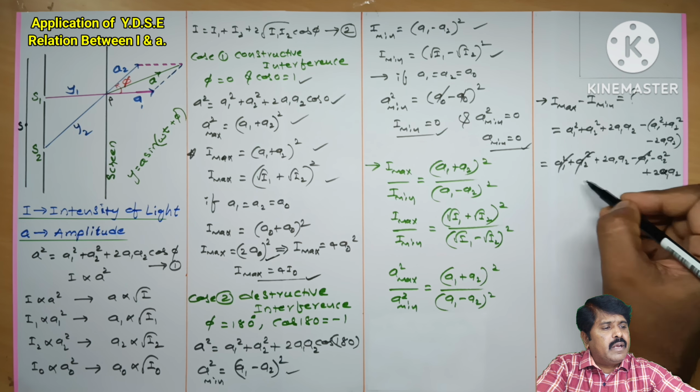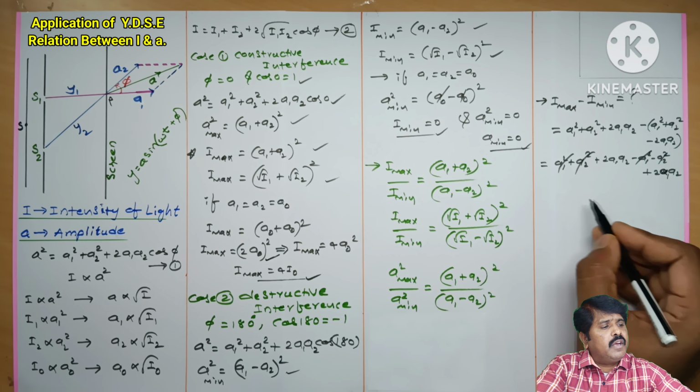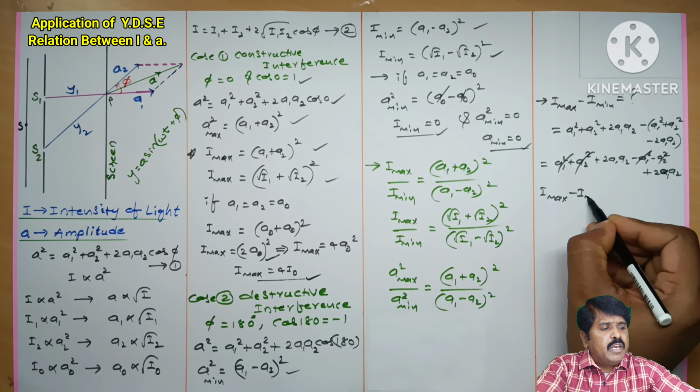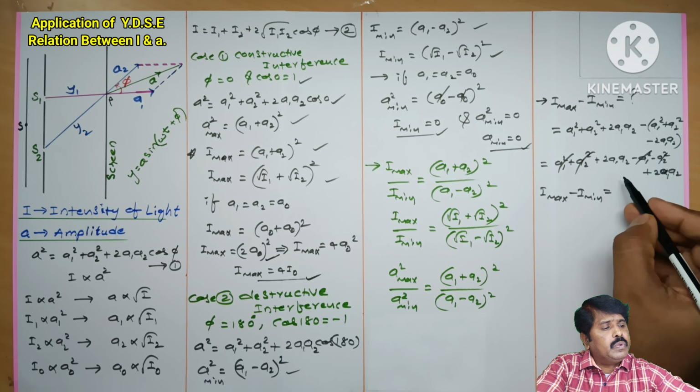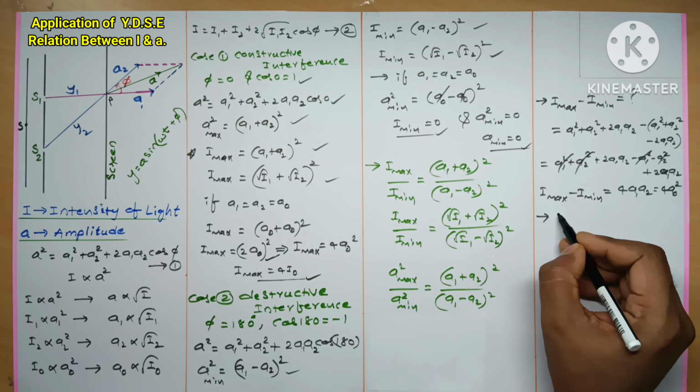The minus values get cancelled with the plus values, that is a1 square and a2 square. So finally I am getting I max minus I minimum equal to 4a1 a2, students.